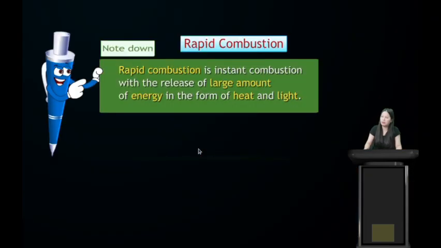So what is rapid combustion? Rapid combustion is instant combustion with the release of a large amount of energy in the form of heat and light. When we bring a lighted matchstick near the gas, it starts to burn instantly and releases heat and light.